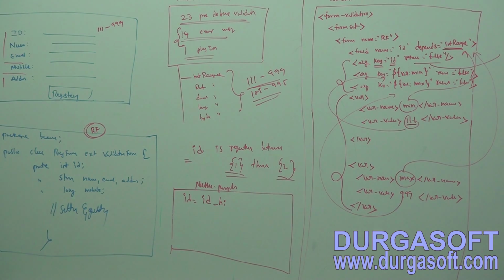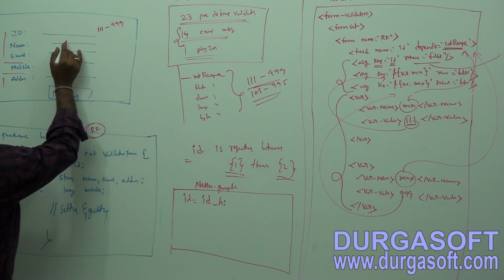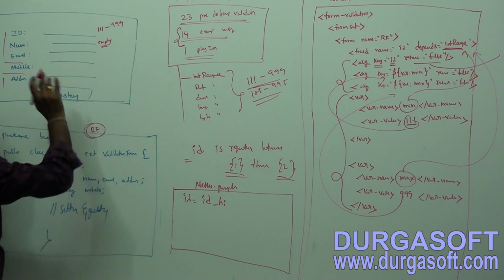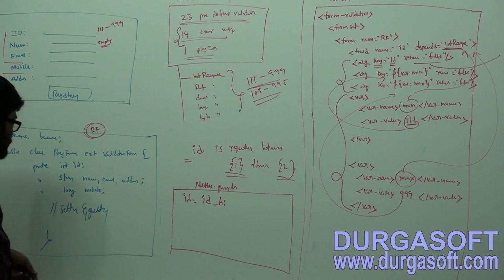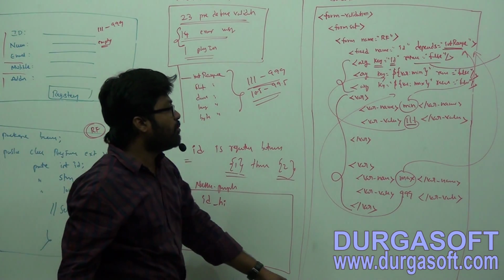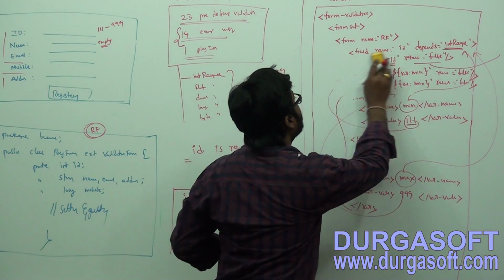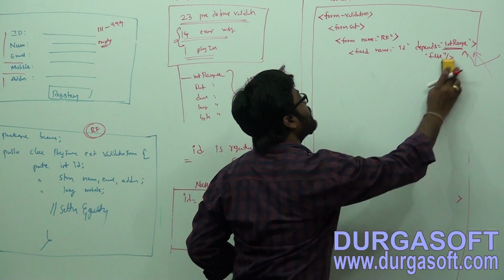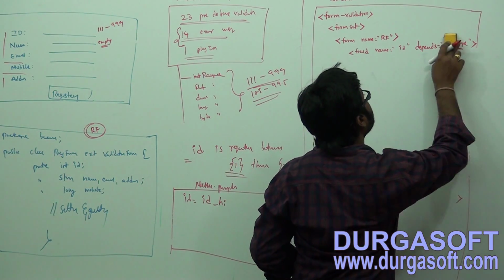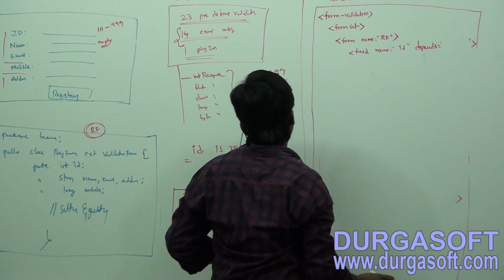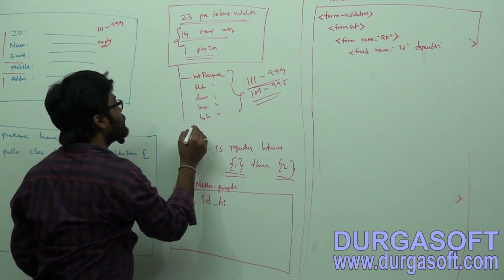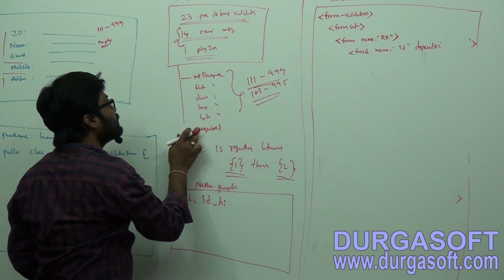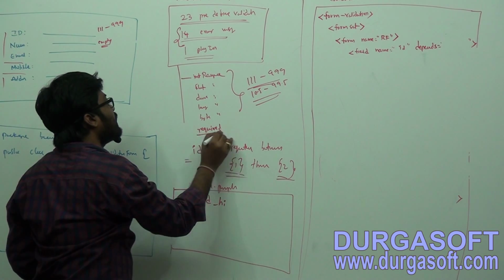And for this name, we need to check whether this name field is empty or not. Only empty or not we need to check. So to check empty or not for the field name, you can use depends required. We have one validator in this properties file, the required validator.